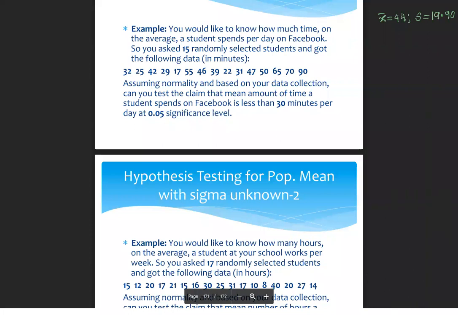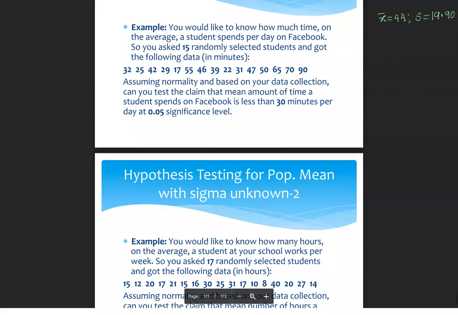So how much time on the average do students spend per day on Facebook? You asked 15 people, so your sample size N is 15. And their average is 44 for these 15 people. Okay, and standard deviation is 19.9.